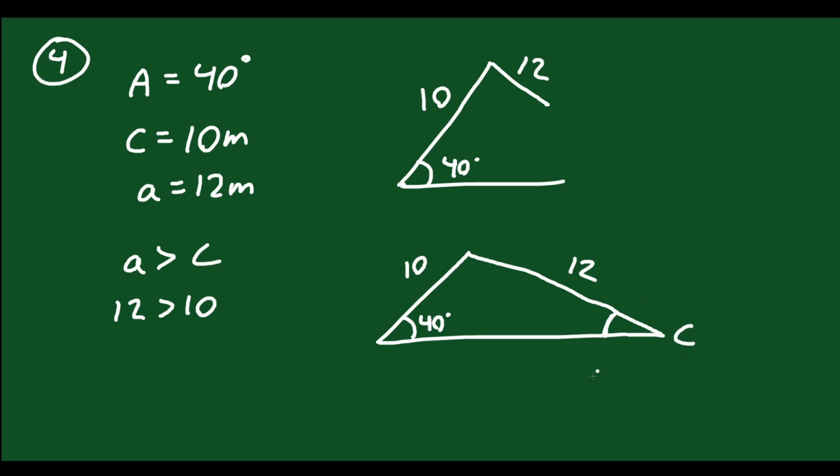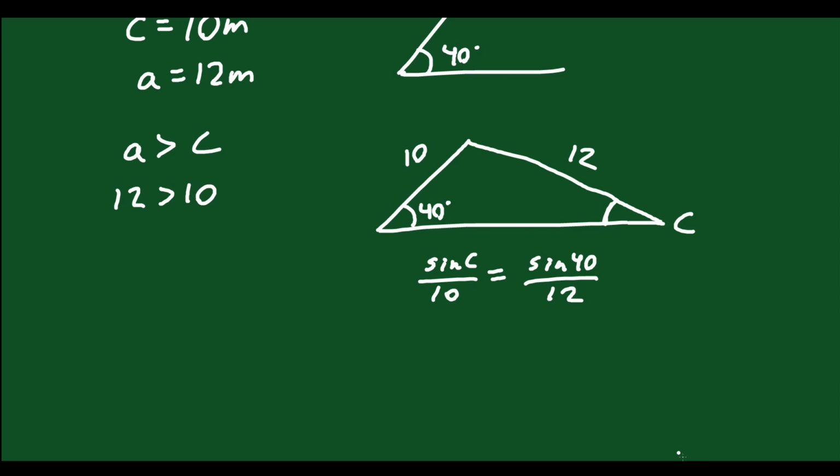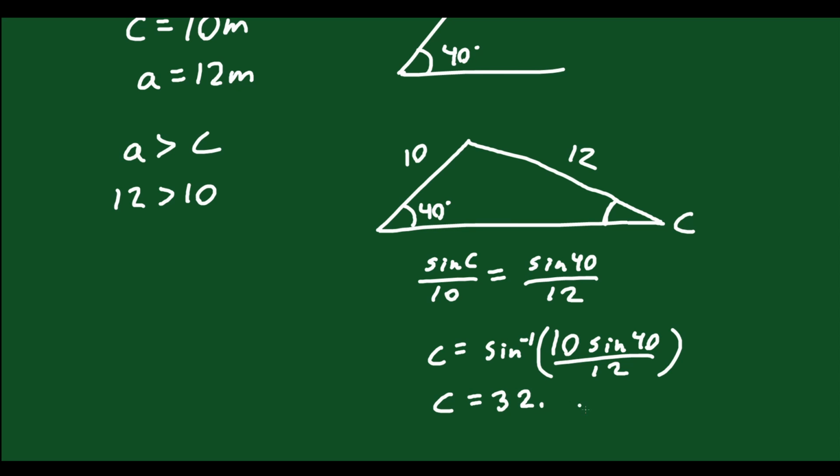We'll call that angle C. I could do sine C over 10 equals sine 40 over 12. Solve for C. C is equal to sine inverse of 10 sine 40 over 12. Therefore, C will be equal to 32.4 degrees.